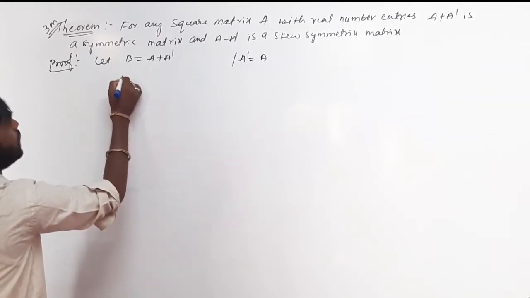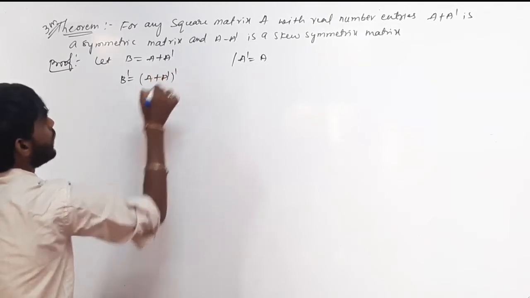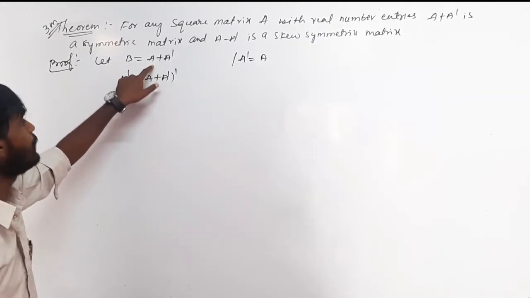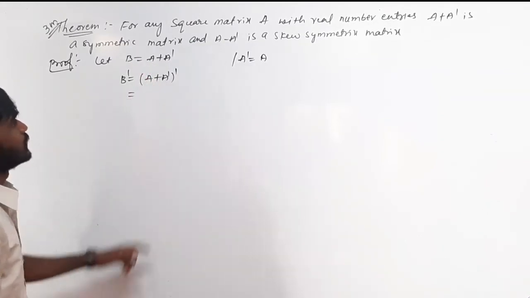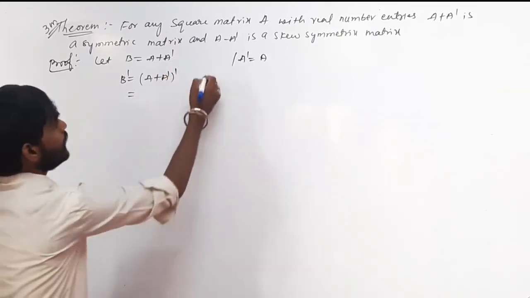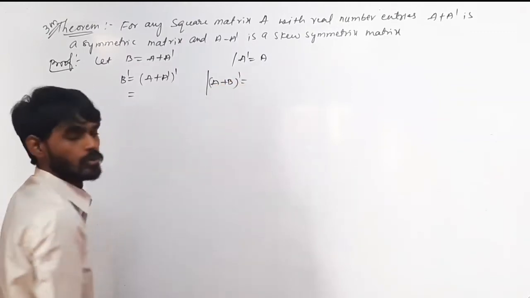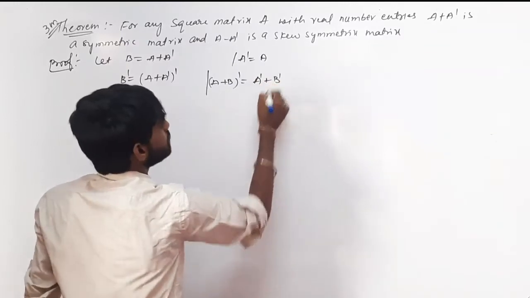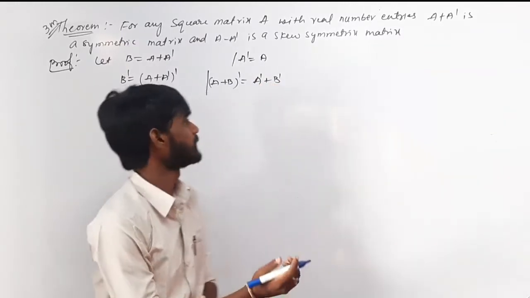So B dash is equal to A plus A dash whole dash. Now this is equal to, we know that A plus B whole dash is equal to the sum of their individual transposes, A dash plus B dash. Already we know the properties of transpose of matrices, right?